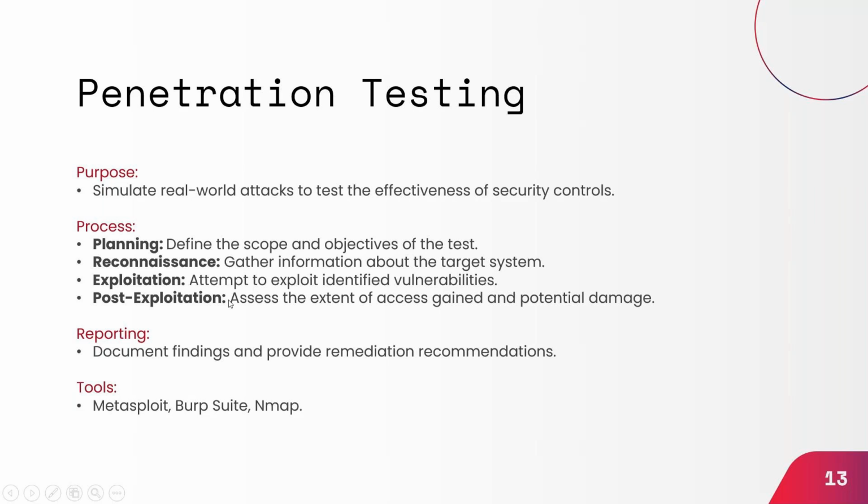Let's say you have access on the target system as a normal user, but you want to become an administrator to perform administrative tasks on the compromised system. Attackers use post exploitation techniques to gain administrative access.